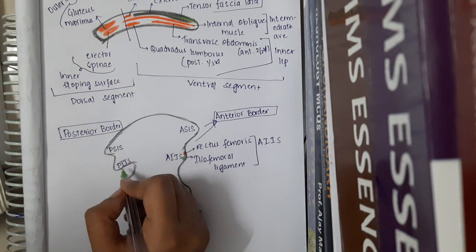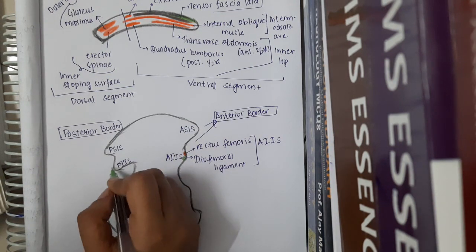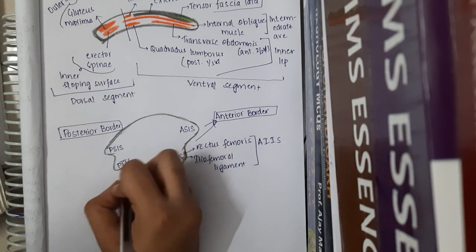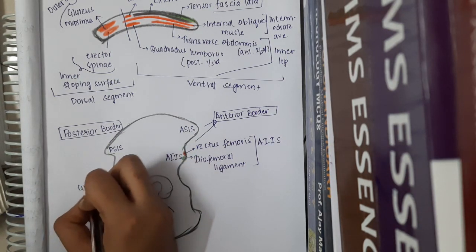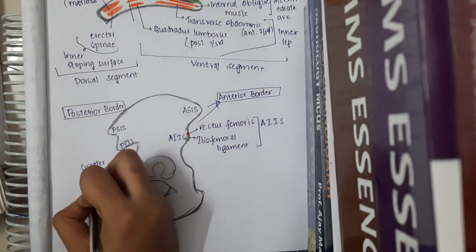And below this posterior inferior iliac spine, you have this notch, which is called what? It is called greater sciatic notch. Okay, greater sciatic notch is present here.